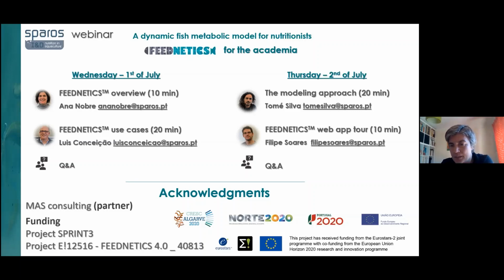Can I add something? Just like Tomé was mentioning, if you have an optimization version, we will be able to do that. When you say you define the output, if you mean by output the growth, we also have another nutritional tool that, based on the growth that you set as a target, can estimate the requirements.